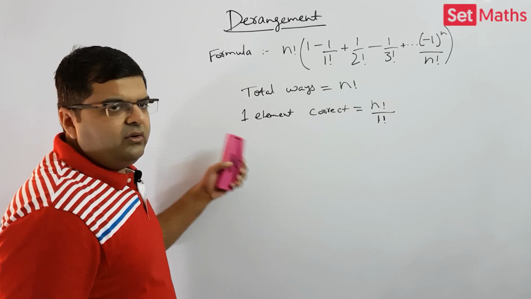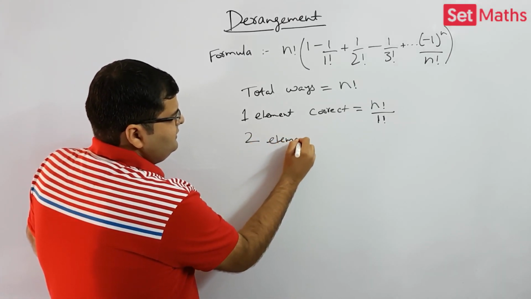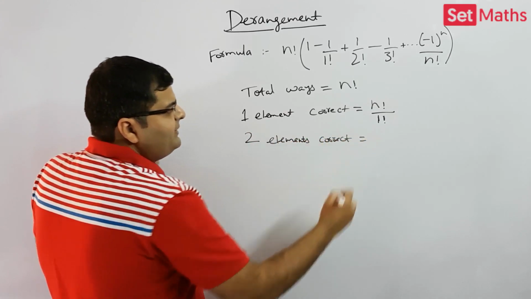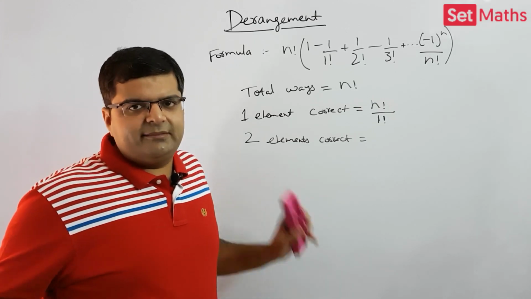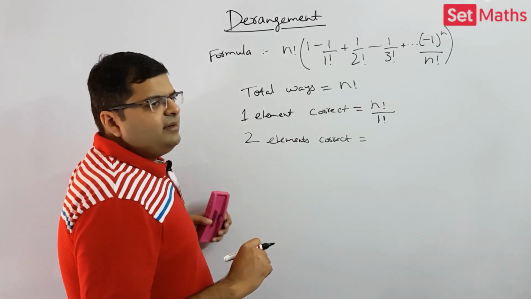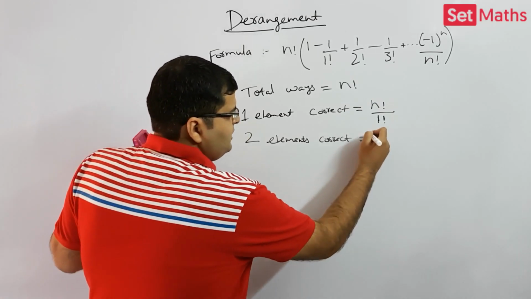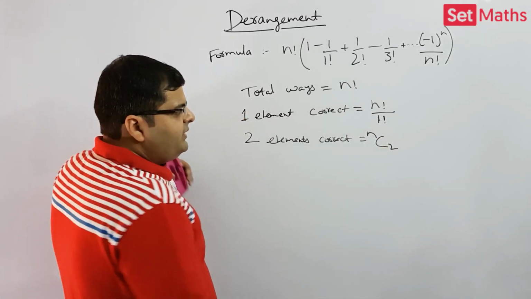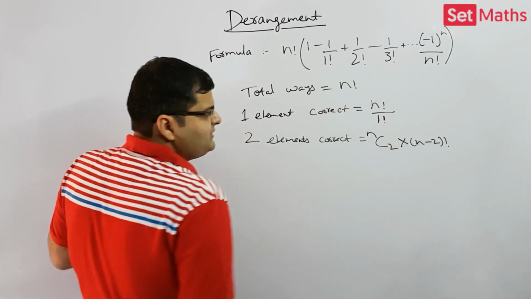Now if I have two elements that I have placed at their correct places, the rest n minus 2 elements can arrange themselves. First of all, I have to choose those two elements, which can be chosen in nC2 ways, multiplied by n minus 2 factorial for the remaining n minus 2 elements.